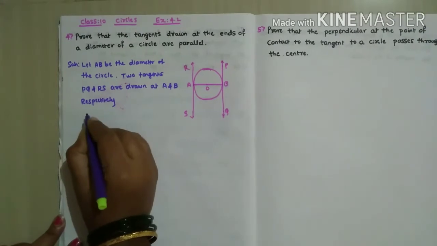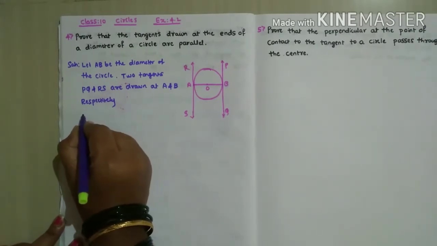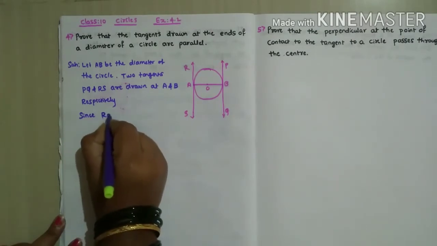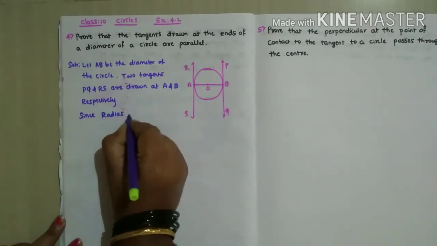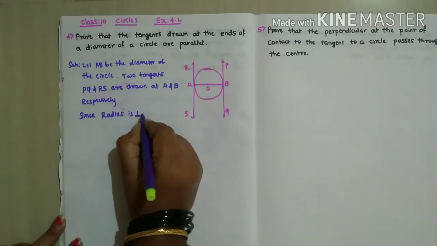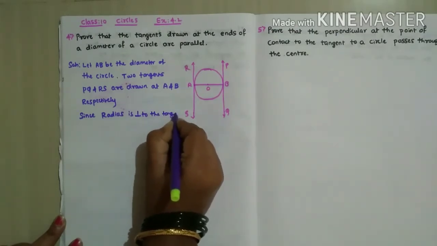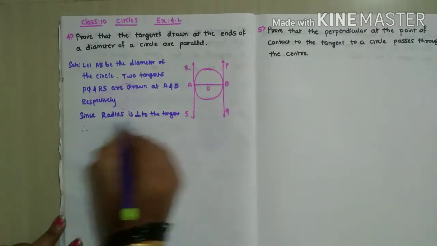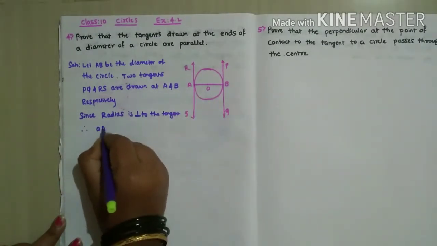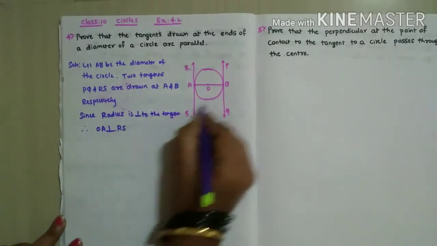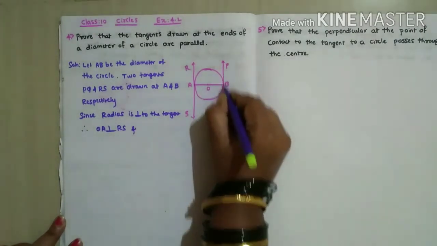Since the radius is perpendicular to the tangent, therefore OA is perpendicular to RS and also OB is perpendicular to PQ.